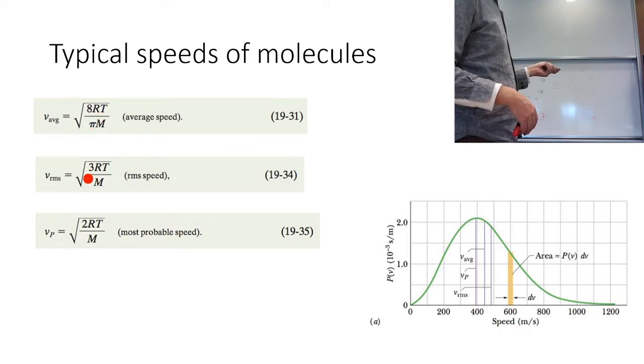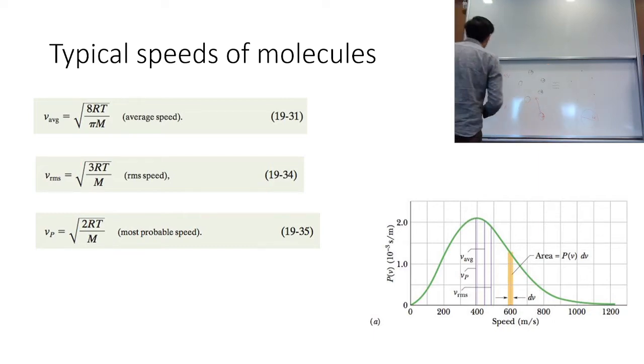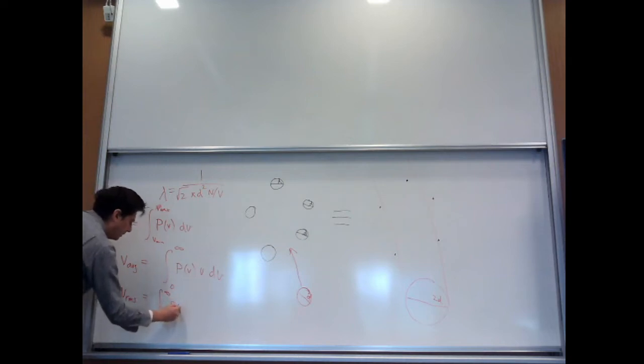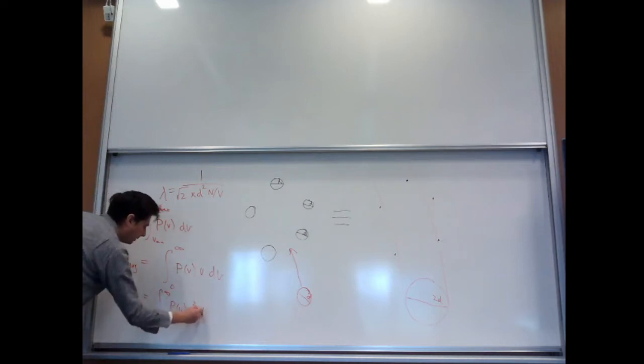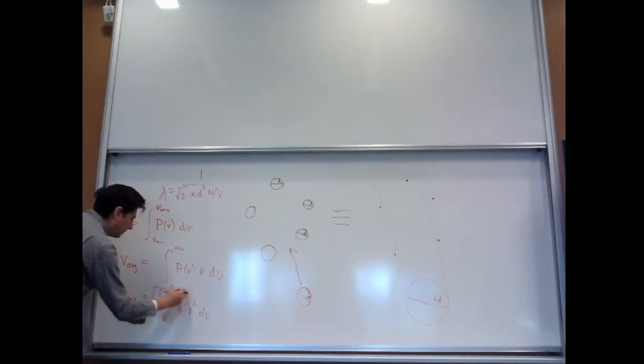Now the thing that we actually calculated before also appears here. In fact, this is maybe the more relevant quantity often. In this case, root mean square.